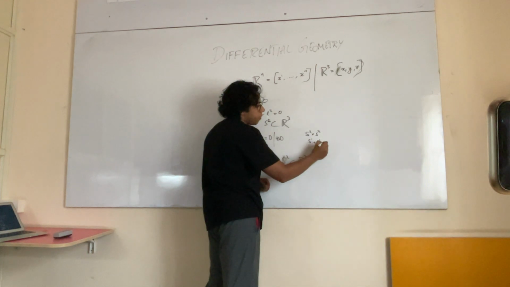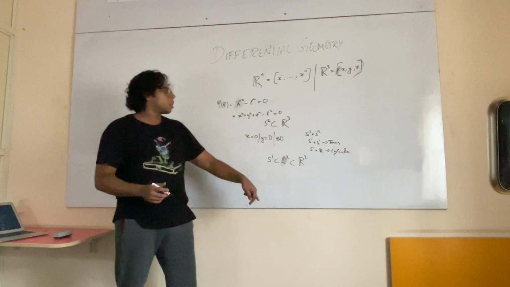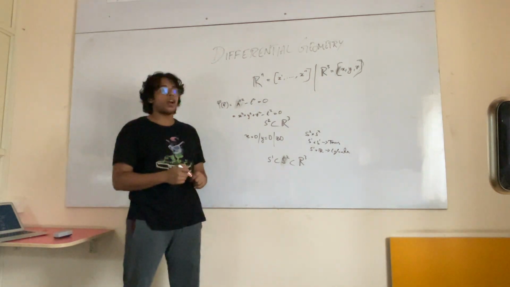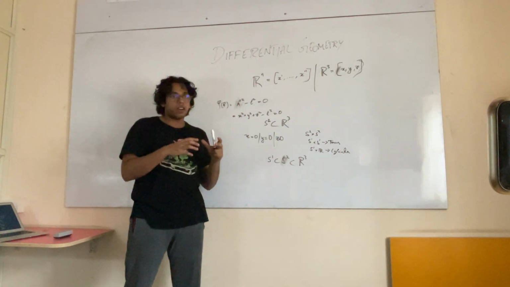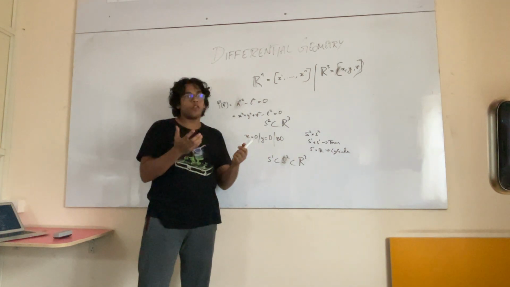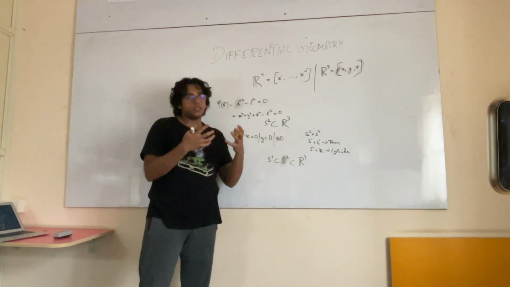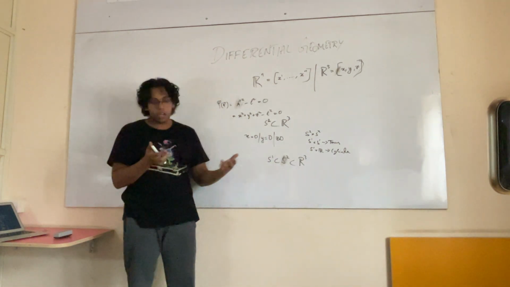This is a torus, by the way. Or S1 times R, which is a cylinder. So you have your extended shapes of different dimensions coming together because of certain simple shapes. We'll look into all this.